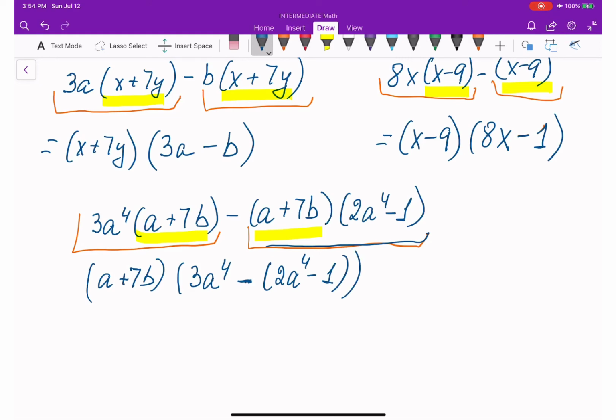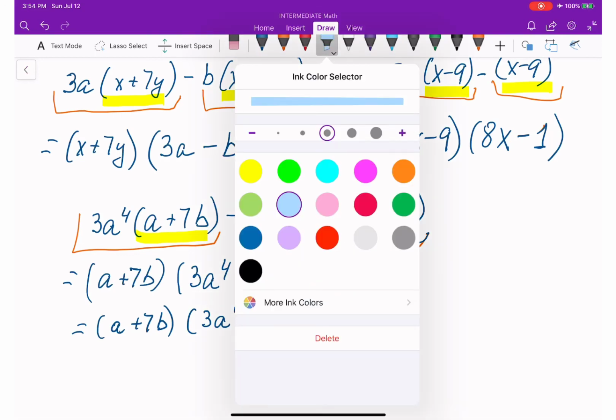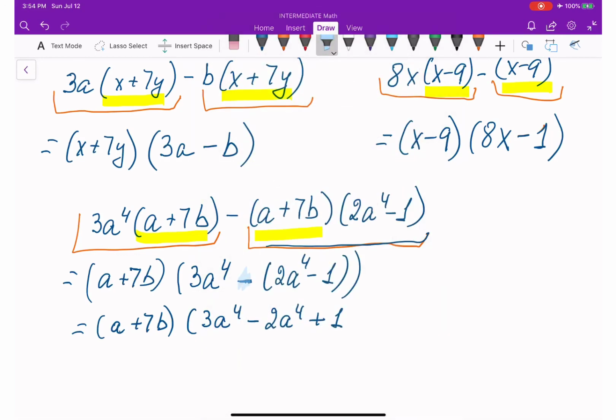It's going to flip the sign, right? Okay, this is going to be equal to (a plus 7b) times (3a⁴ minus 2a⁴ plus 1). Every time you have a negative sign in front of parentheses, you are going to flip every single sign in the parentheses. There we go.